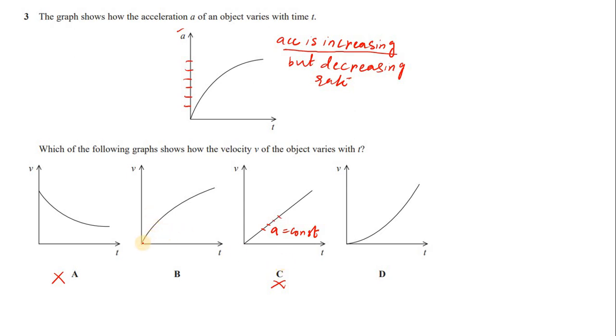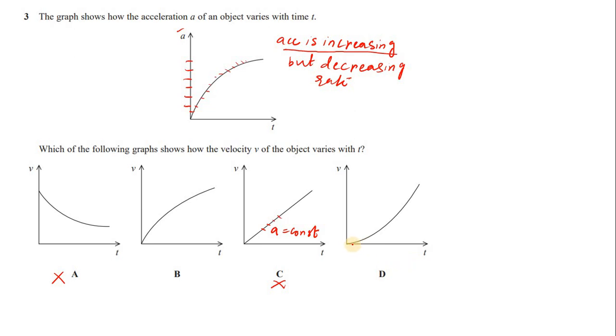In B, velocity is increasing, and in option D, velocity is also increasing. But remember, because acceleration is increasing, velocity should keep increasing more and more, while in B, velocity is increasing but with a decreasing rate. Here, acceleration is continuously increasing, so the increase in velocity will be greater in every interval.